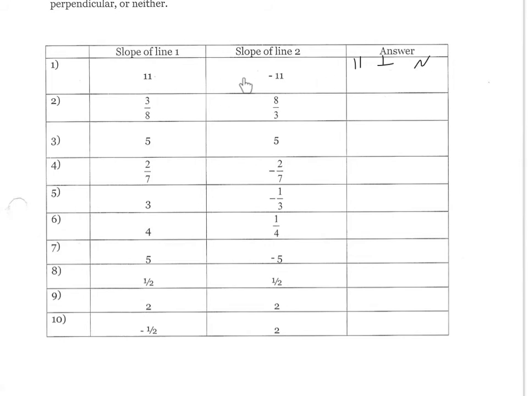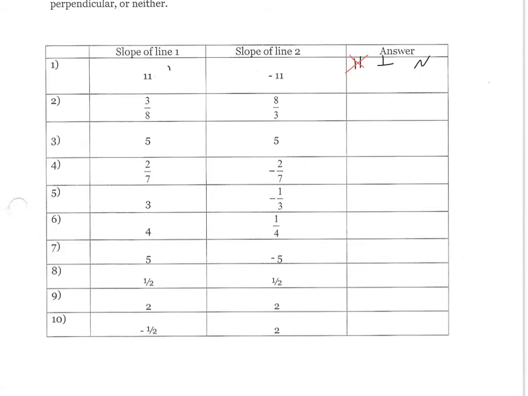So, first off, are they exactly the same? The answer to that is no, because one's positive, one's negative. So, it is not parallel. Then we're going to ask ourselves, are they negative inverses of each other? So, first we check negative. So I go from a positive to a negative. Okay, that works, but then I need to do the inverse.